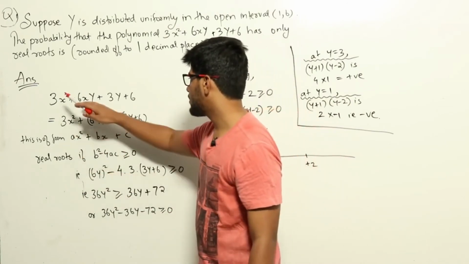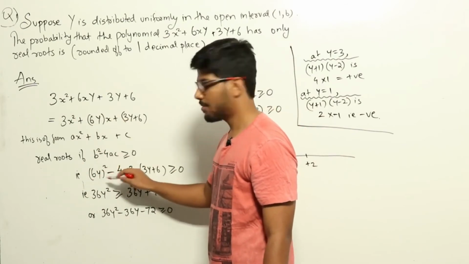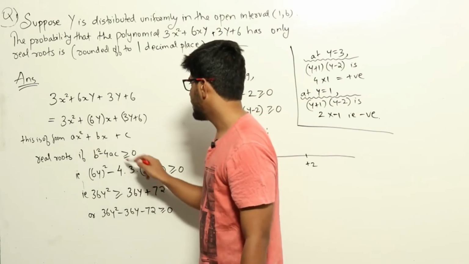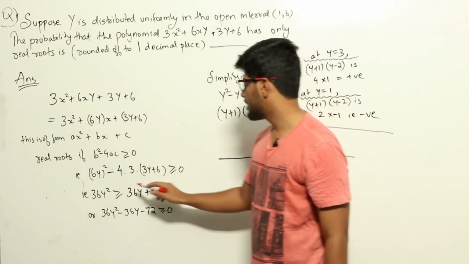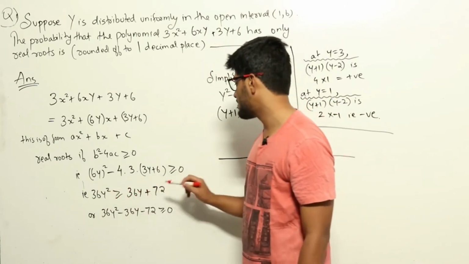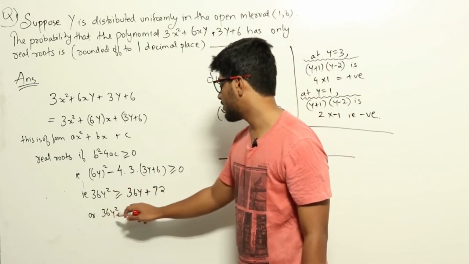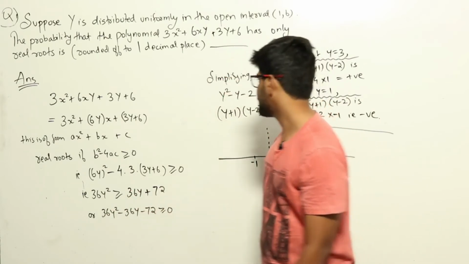So this equation will have real roots only if b square, that is 6y square, minus 4 into a, which is 3, into c, which is 3y plus 6, is greater than or equal to 0. Rewriting, we get 36y square greater than or equal to 36y plus 72, or 36y square minus 36y minus 72 is greater than or equal to 0.